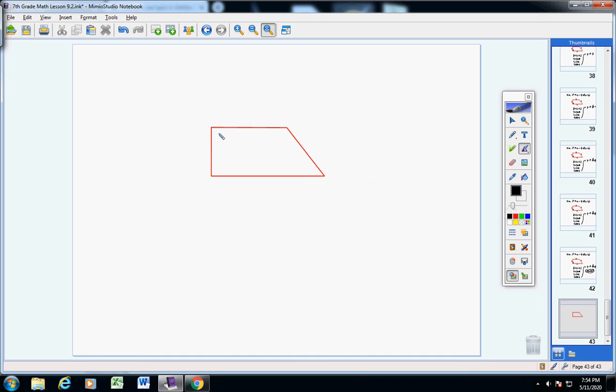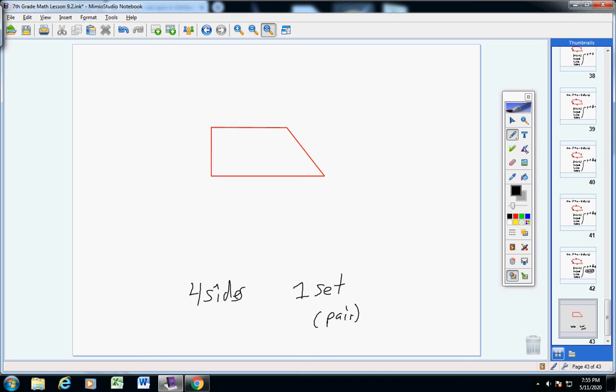But watch this, guys. If I take this trapezoid here, and by the way, how do I know it's a trapezoid? Well, first of all, it has how many sides? 4. And then how many sets of parallel sides do I have? I have one pair of parallel sides.